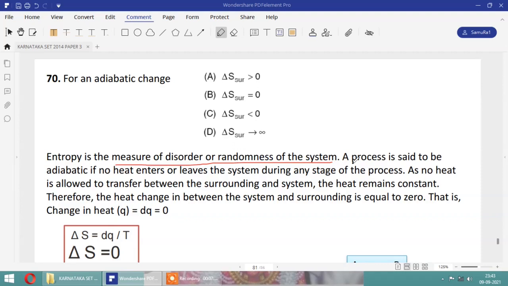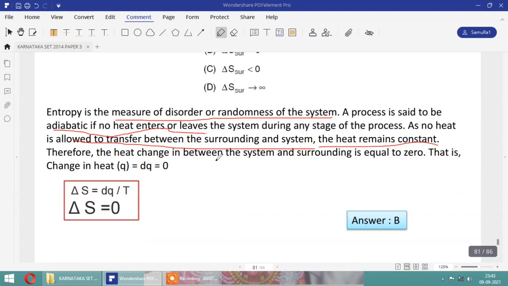A process is said to be adiabatic if no heat leaves or enters the system at any stage of the process. That means Q equal to 0. There was no change in heat for an adiabatic process. As no heat is allowed to transfer between the surroundings and system, heat remains constant or 0. Therefore, heat change between the system and surroundings is 0, dq equal to 0.